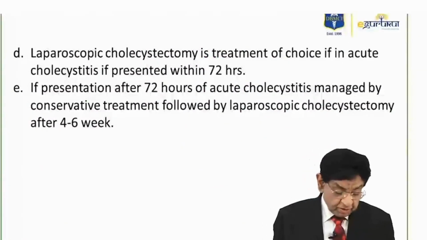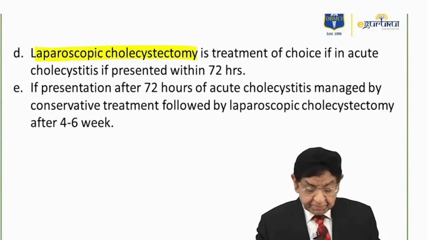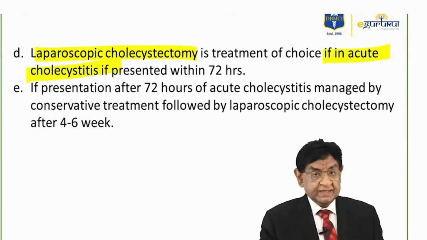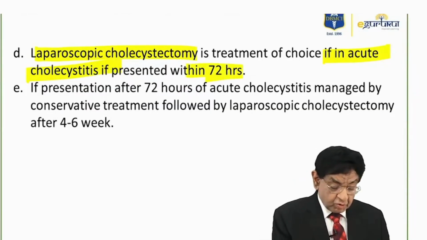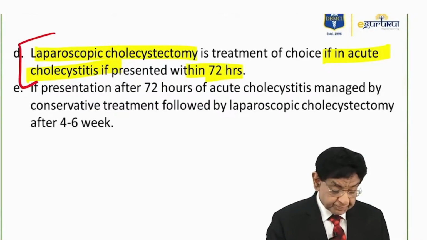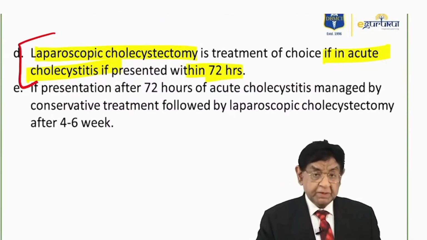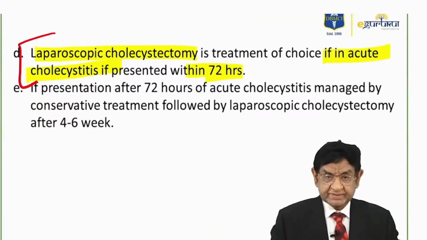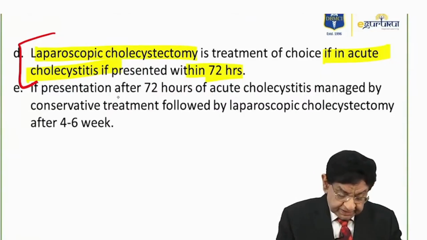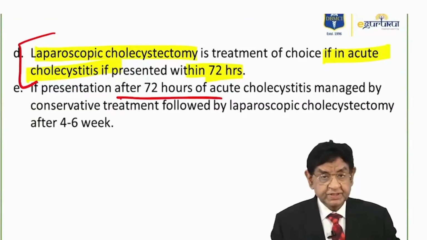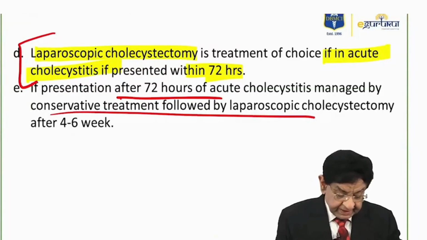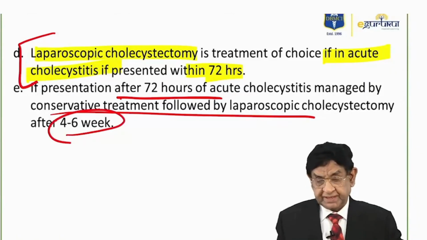Ultimately, laparoscopic cholecystectomy is the treatment of choice if acute cholecystitis is there, and it should be done within 72 hours. This is the golden line to remember. But suppose the patient comes later on, maybe after 5-7 days, after 72 hours. The patient should first be given conservative therapy, antibiotics, and 4 to 6 weeks later surgery should be done.